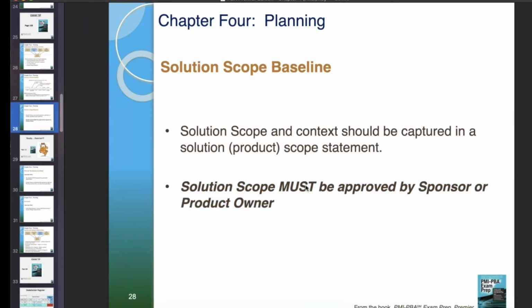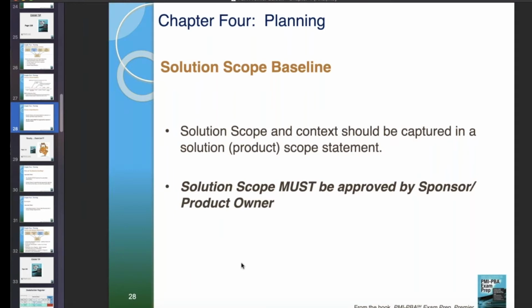Solution scope must be approved by the sponsor or product owner. They're one and the same. A project either has a product owner or a sponsor. Please remember that. You'll get a couple questions about that.